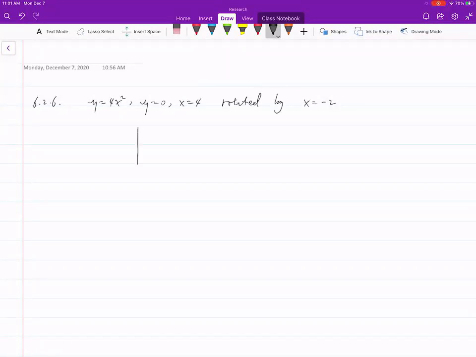So let's draw this first. It's this region rotated by this. So after you do that, you will have something like this. You were wondering what the volume is, and you want to use the washer method.